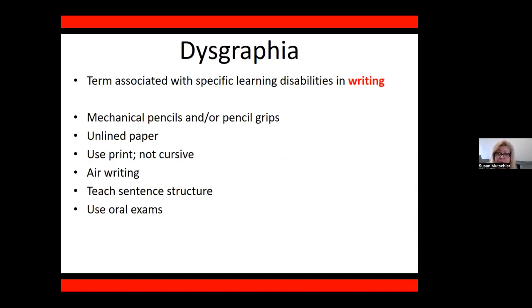Dysgraphia refers to people who have specific learning disabilities in writing. I actually have met only one learner that literally, he was amazing. He was an English language learner and was very intelligent and wanted to help run the conversation club. He was there every week, and he became like a literacy ambassador for us, but he literally could not write anything.